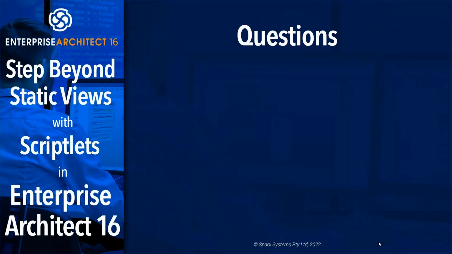So the first question is just how can I get access to Enterprise Architect 16? So first of all, if you'd like a free 30-day trial, you can go to sparksystems.com and you can download the free 30-day trial to test that. There's another question about the examples that I've used today.